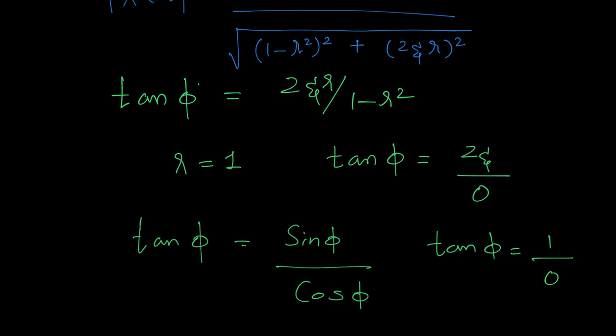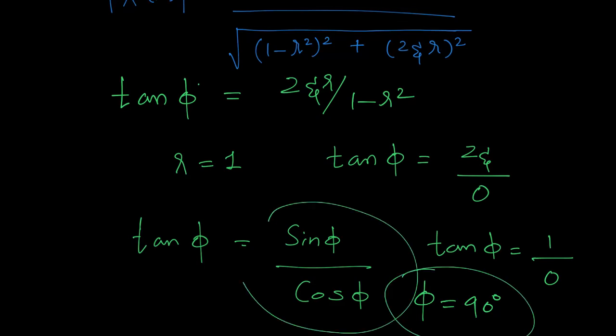This is not the right way to approach the problem, but I'm telling you, we have an expression where the denominator goes to 0 and the numerator is non-zero. Okay, so in that case corresponds more or less where phi is equal to 90, because when phi is equal to 90, tan phi is sin phi by cos phi, sin phi is 1 but cos phi is 0. So we have a similar scenario.